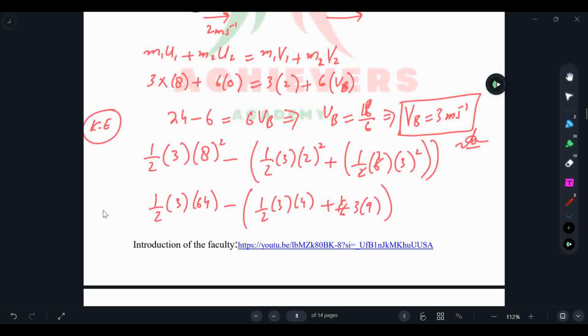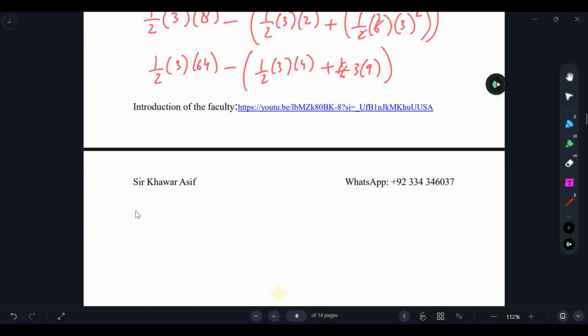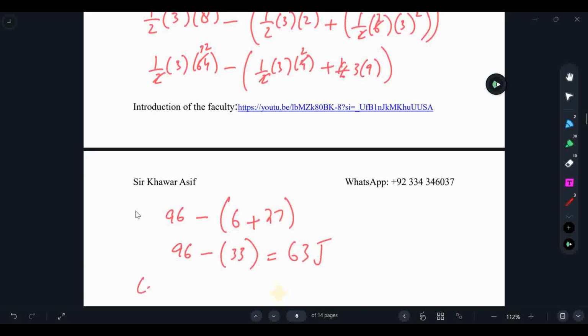Finally we have 32 into 3, 96, minus 6 plus 27, and if we simplify it, this will be 96 minus 33, which is 63 joules. So we can say the greater loss of kinetic energy due to the collision will be equal to 63 joules.